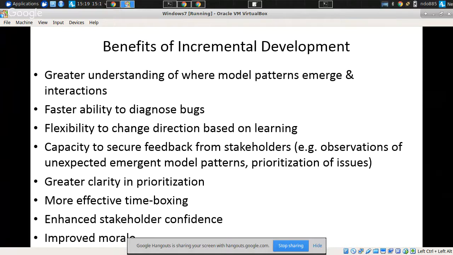Also, developing incrementally, like continuous integration in software, allows us to more quickly diagnose bugs and zero in on the cause of those bugs. In continuous integration, I see some familiar faces from 371, who I welcome.